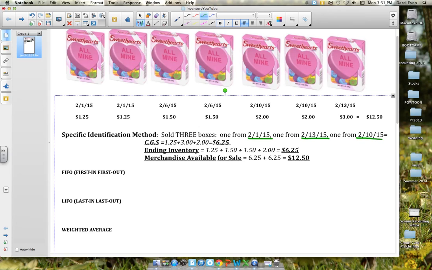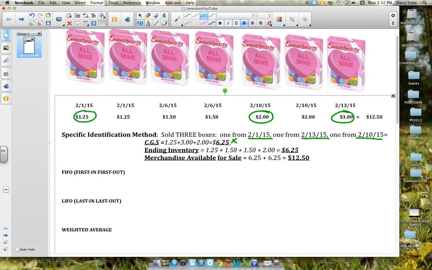So let's just go up and circle those so we can see them very easily. And we had one on the 13th and one on the 10th. And so if we were calculating the cost of goods sold, we would just add those 3 numbers that are circled in green. And so that's what was done right here.